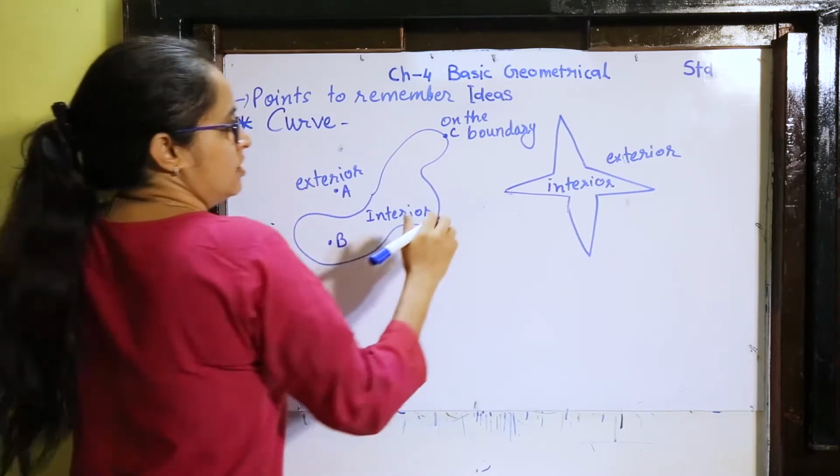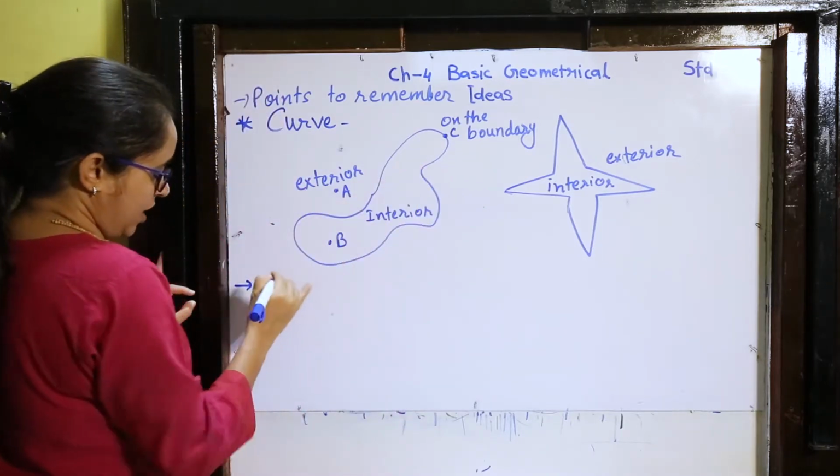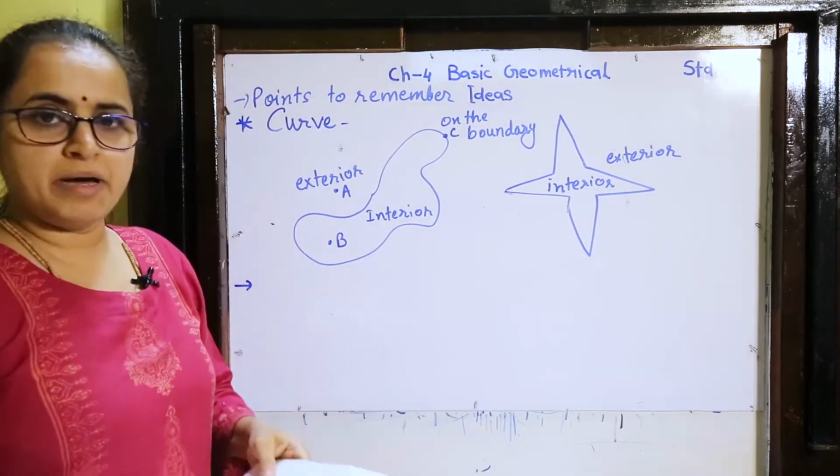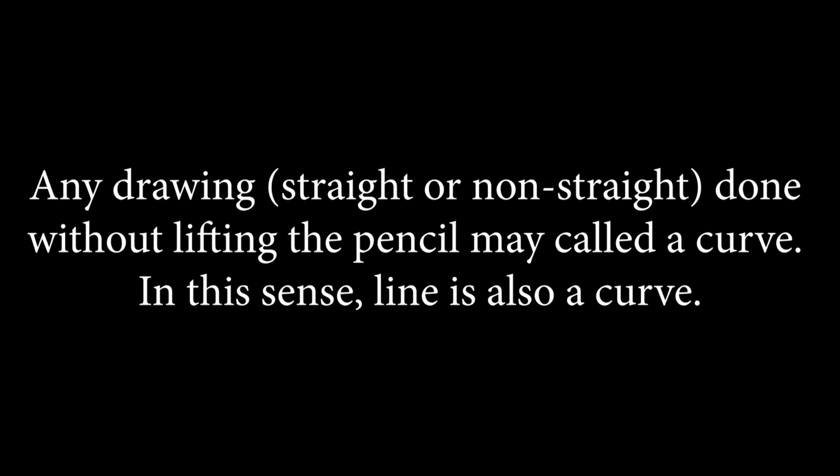Now, please write down, you have to write one definition, or you can say points to remember. Any drawing, straight or non-straight, done without lifting the pencil may be called a curve. In this sense, line is also a curve.